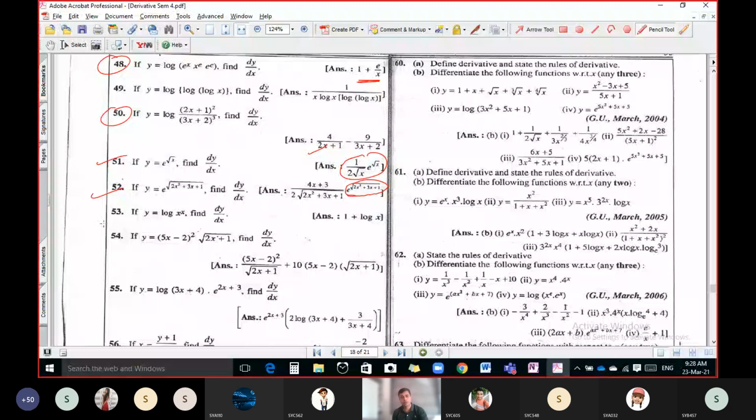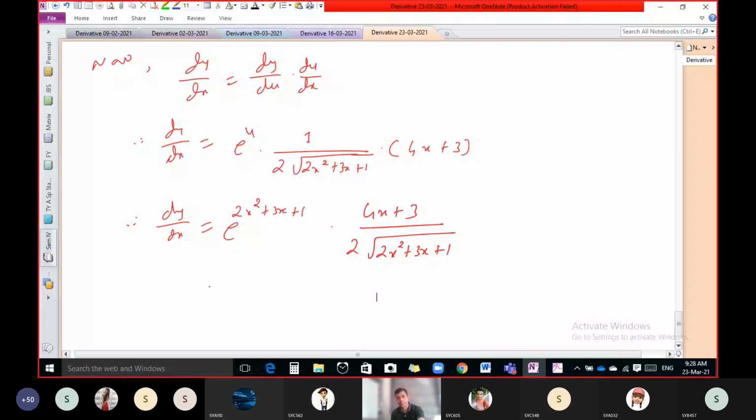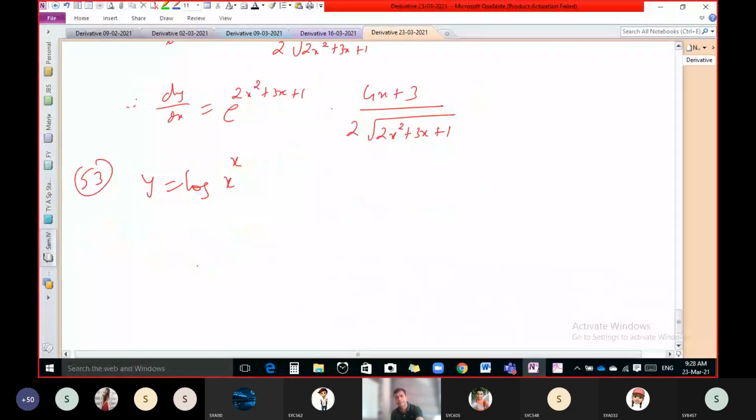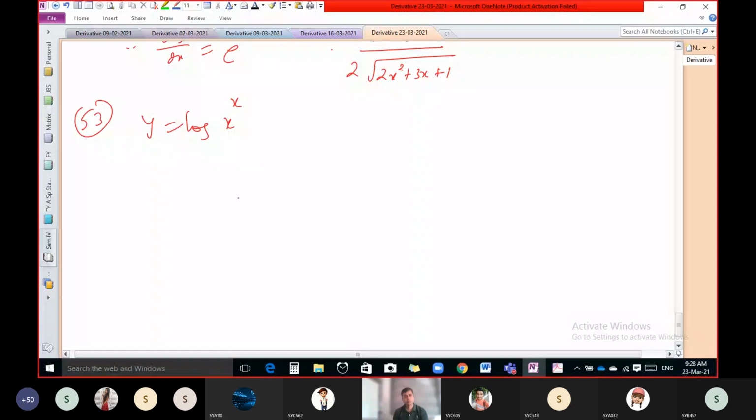Let us do this question 53. Y equal to log x raised to x. Tell me the first step. X into log x, correct. Now if you want to find the derivative, you have to use the u into v rule, the multiplication rule of derivative. What is the multiplication rule?